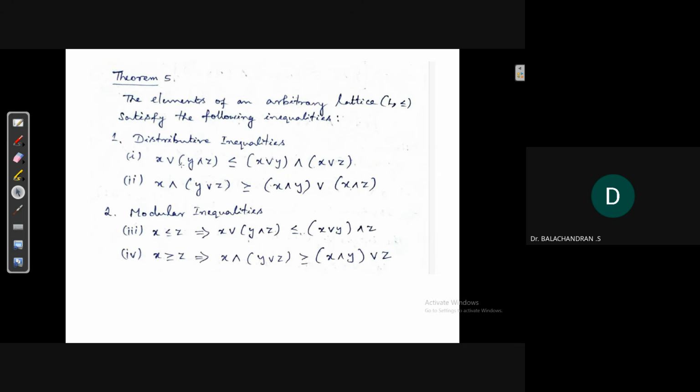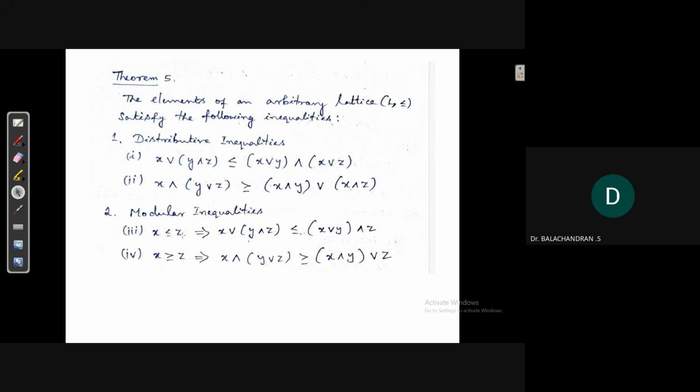Second one, it's a dual. Dual is what? Instead of or replace and, and instead of and replace or. Less than or equal to becomes greater than or equal to. Once I proved this by using dual, this is true, this is also true. Next, modular inequality.